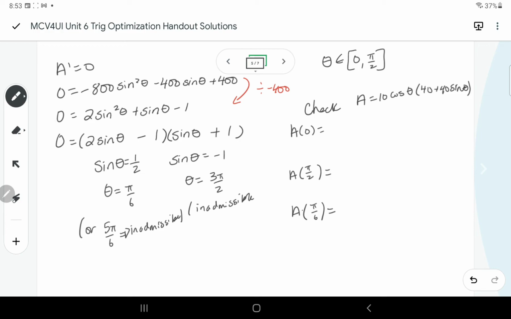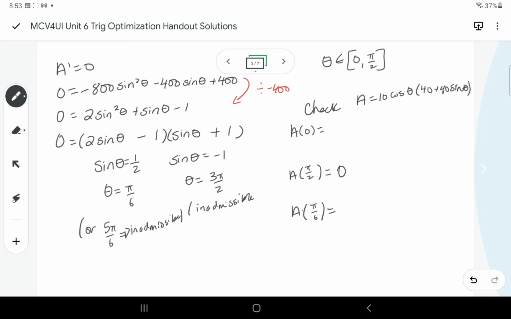And I know that if I had a pi over 2, then that cos would be a 0. So if you fold it out and it's just a flat sheet of paper, that's a terrible plan because the area is 0.